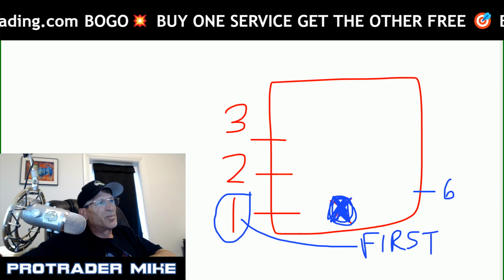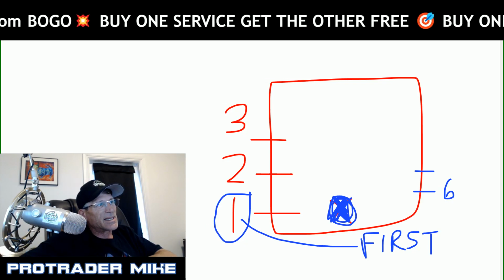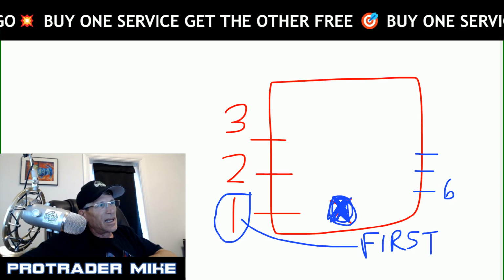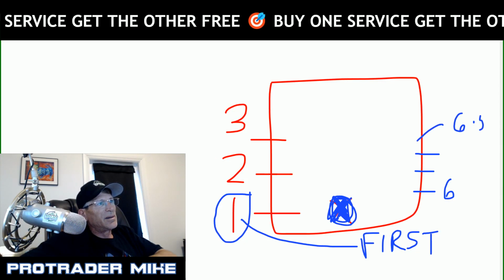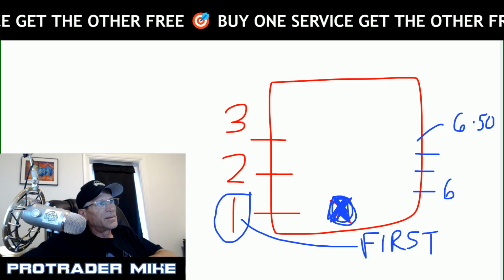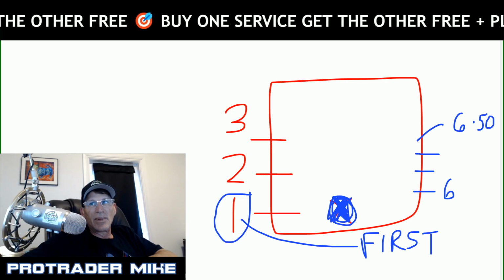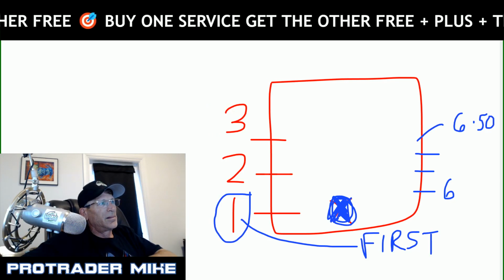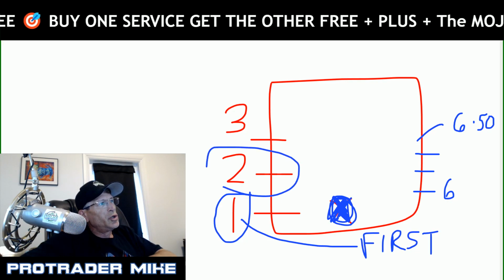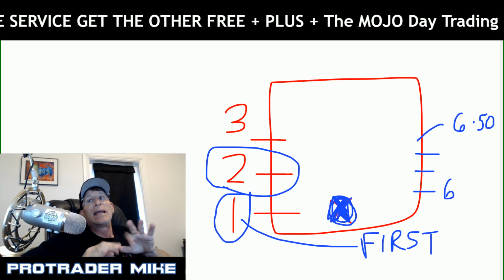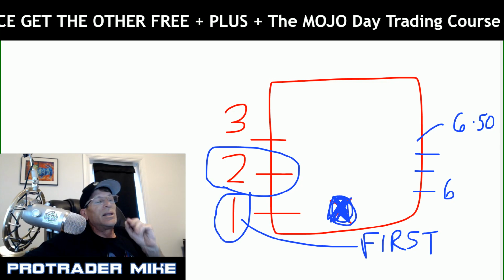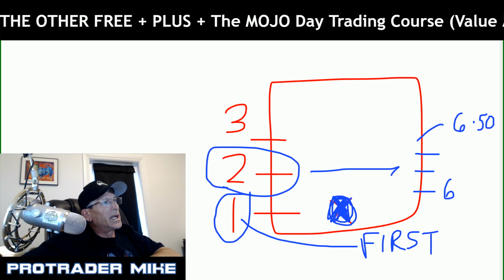So if it does the break of 6, he'll add at 620. He'll add at 630, looking for the break of 650. By the time the two people get it, he called it out, they're typing it in, they're making the move, they're in about right here.